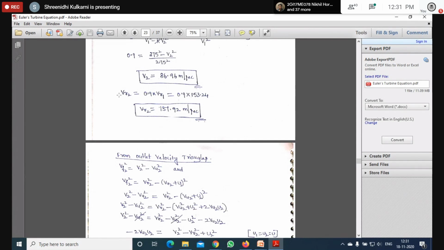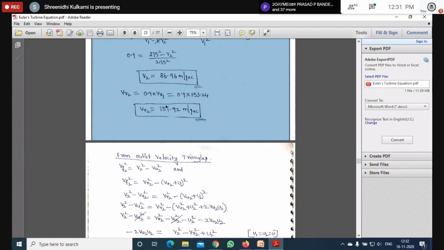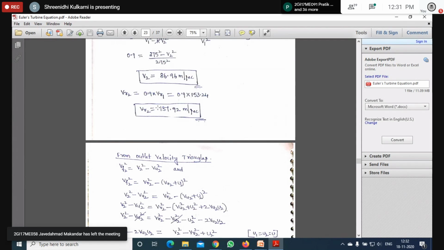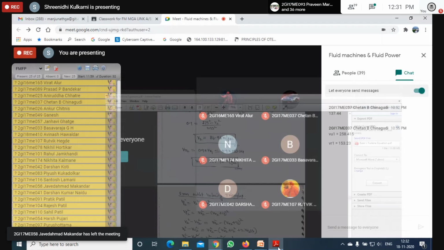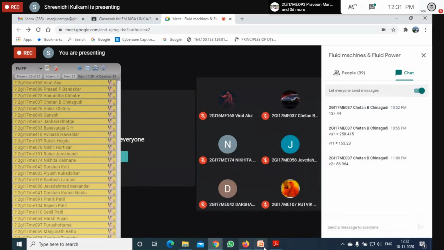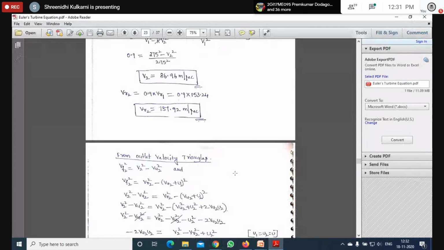We already know VR1, so find out the relative velocity at outlet. Similarly, find VR2.